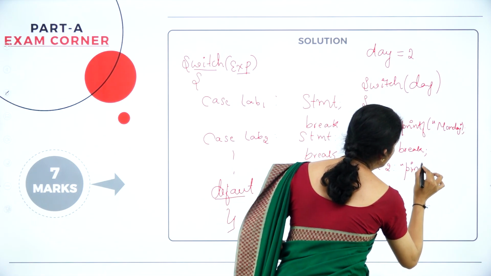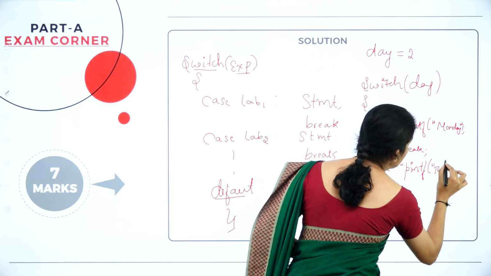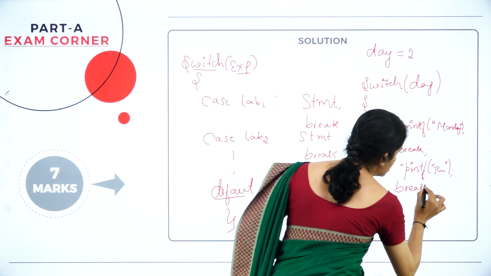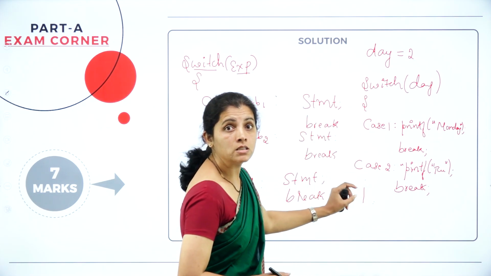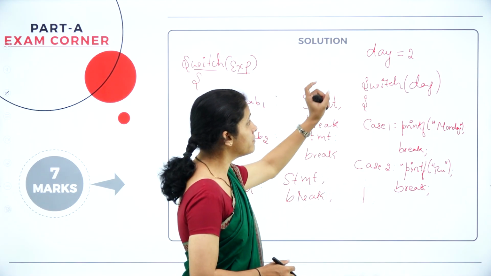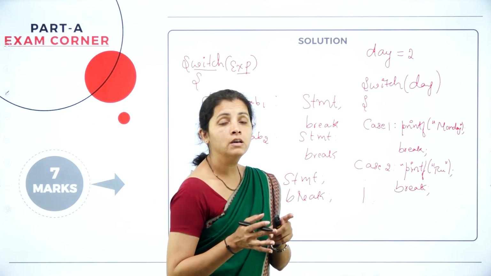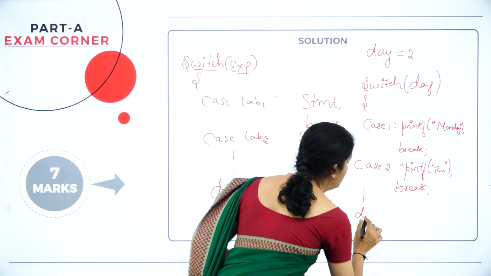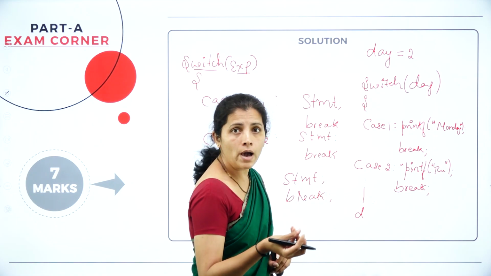So, I'll use break. If it is case 2, so what's the meaning? Printf, it is Tuesday. Then, I want to exit. So, I'm going to write the cases up to 7. Because if I consider a week, in a week we have 7 days. Okay, now if I select 8, then it is invalid, right?